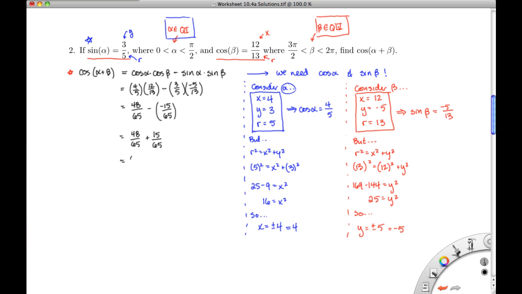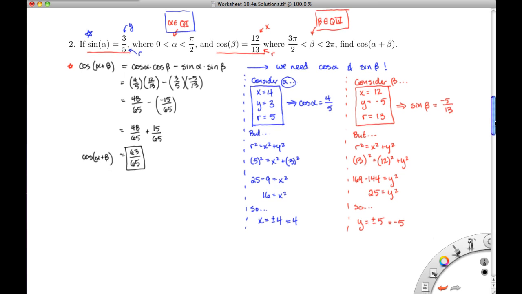So that'll be 63/65. So even though we don't know what alpha and beta are, we know that the cosine of the sum of those two angles is going to be 63/65.